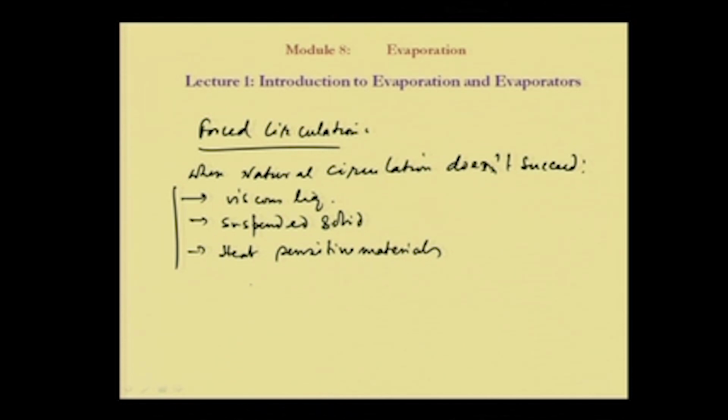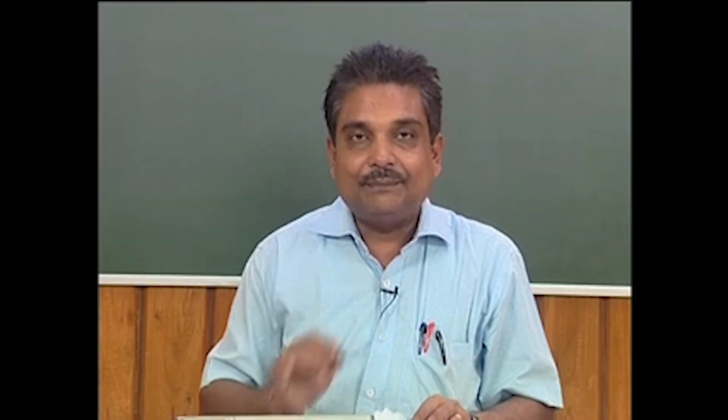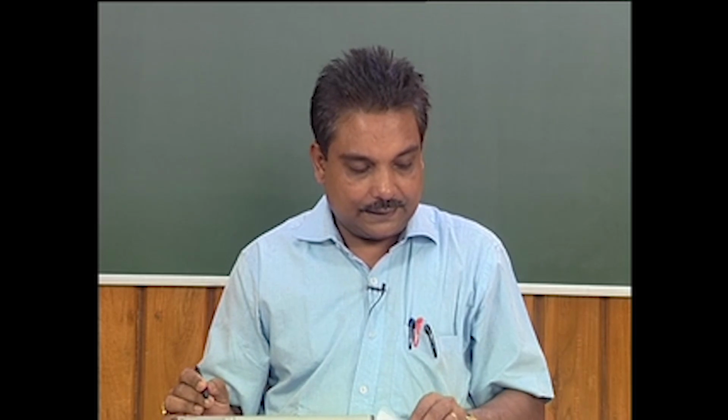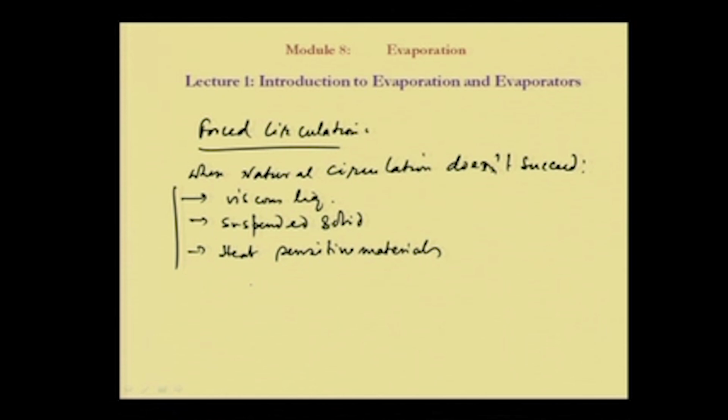So, this forced circulation unit is similar to whatever was discussed for natural circulation cases, but here some pump is needed just to give some energy to the fluid so that it passes through.